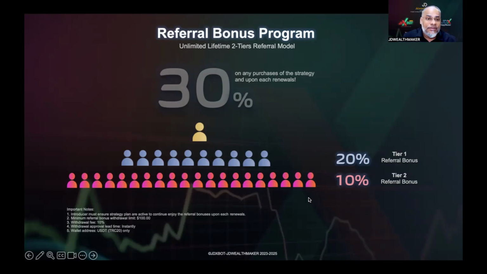Please understand, you will continue to enjoy this: if the user continues to renew in the coming years, you will continue to enjoy these referral bonuses. I think this is a brilliant incentive for anyone who is going to be part of JD Expert. So do take advantage of all these opportunities made available for our global users.